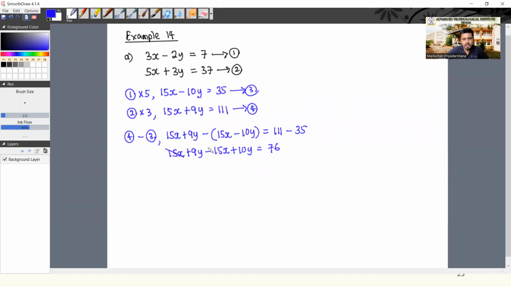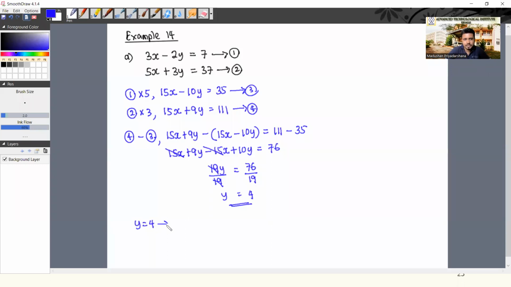See here, 15x minus 15x we can cancel, 10y plus 9y, that is 19y equals 76. Divide both sides by 19, therefore y equals 4. We have found one of these two variables.